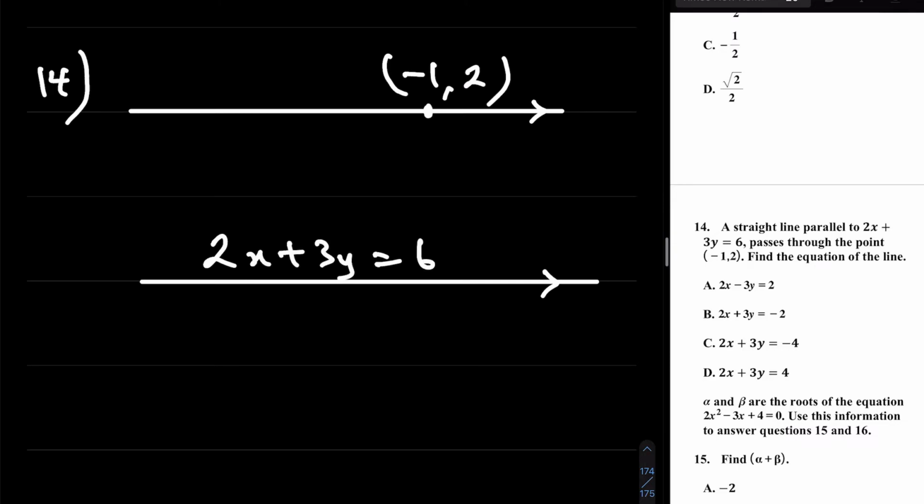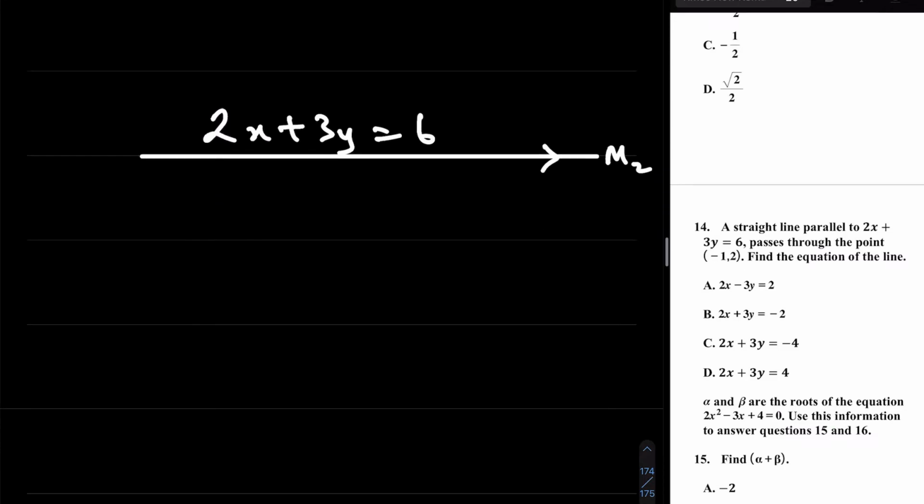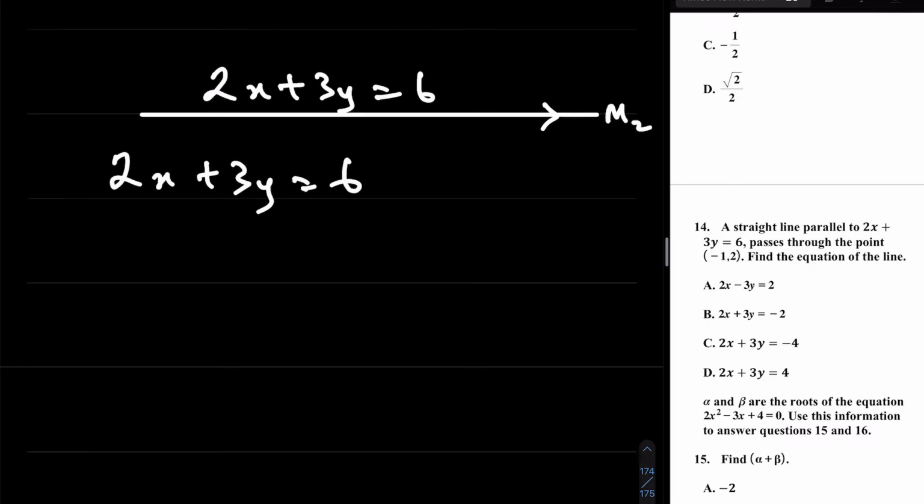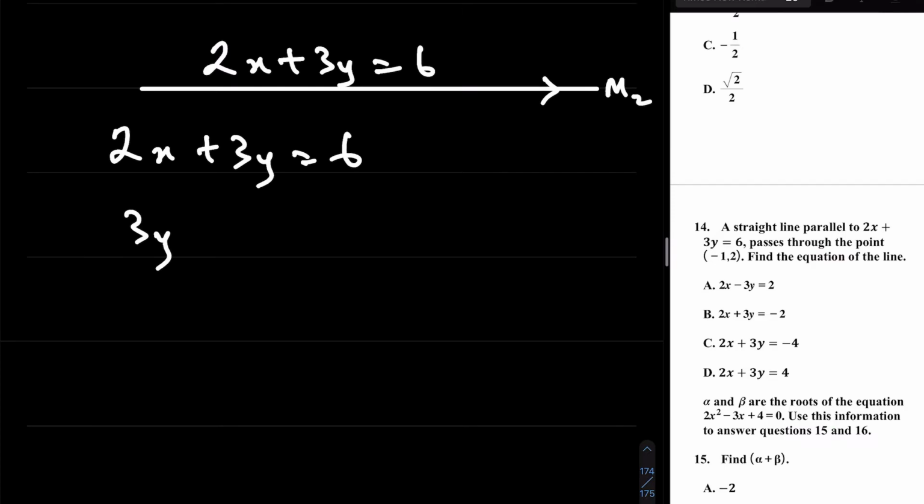If two lines are parallel, that means their gradients are equal. So if the gradient of the first line is m1 and that of the second line is m2, m1 will be equal to m2. I can find m2 from the equation of the line, and I do that by making y the subject of the formula. So that means 3y equals 6 minus 2x.